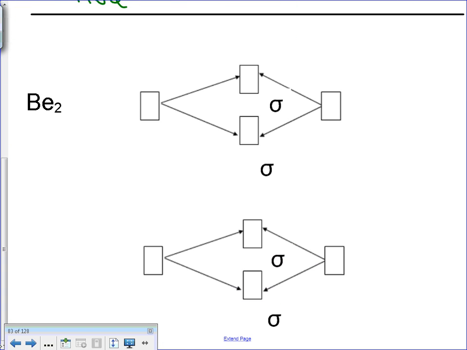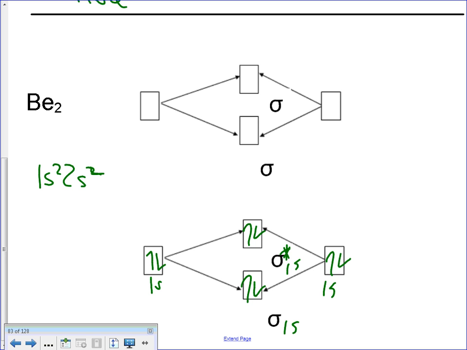Next, we have diatomic beryllium. Similar situation. Beryllium is 1s2, 2s2, as the number of electrons is 4. So I'm going to quickly fill our 1s, or first energy level. 2 electrons go into the bonding orbital, sigma 1s, and then sigma star 1s also gets 2 electrons from our 2 atoms of beryllium coming together.